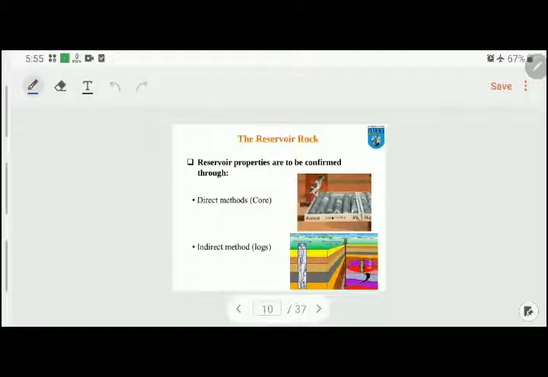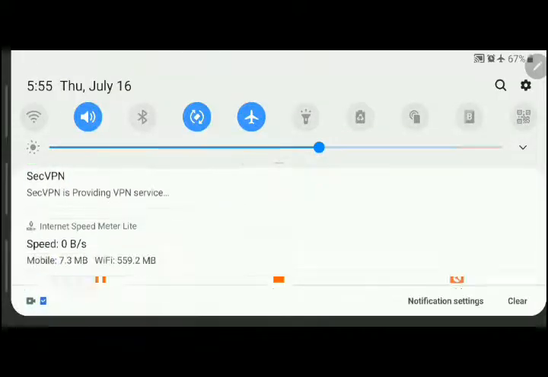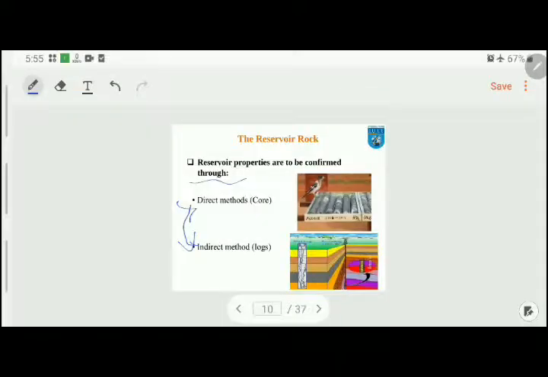The reservoir rocks can be confirmed through samples; we can take samples of this reservoir rock by two main methods. One of these, the direct method, is coring، انك تاخذ عينة from the reservoir عن طريق الحفرة وكذا، تاخذ منها عينة أو ما يسموه الcoring. Also the indirect method is well logging.